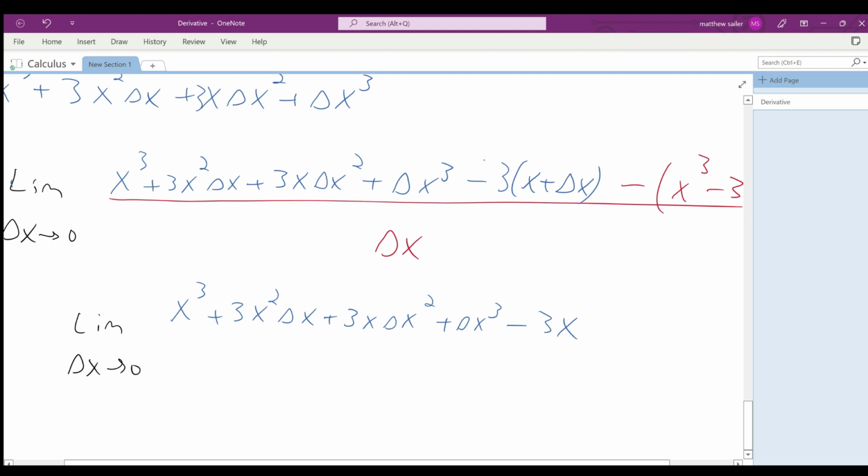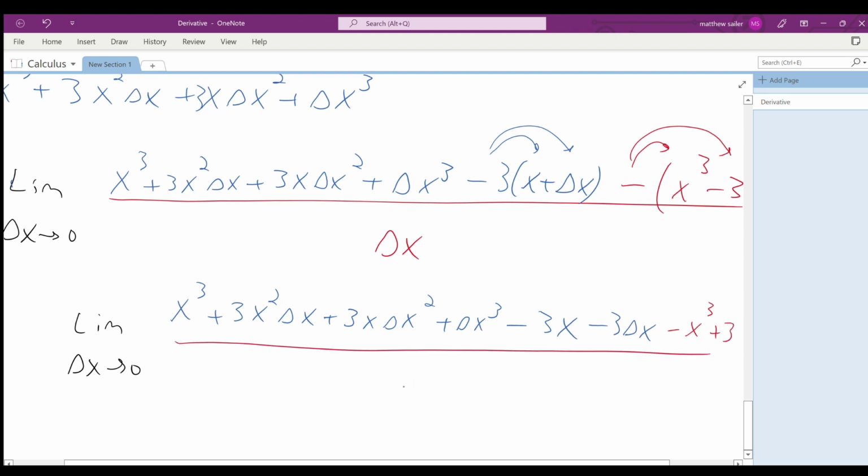I'm distributing this minus 3x across this, so minus 3x minus 3 delta x. And now I'm also going to distribute this negative, and that one's going to be a minus x cubed plus 3x, all over delta x. And now we can cancel this x cubed. So we have an x cubed and a negative x cubed. So that's pretty convenient.